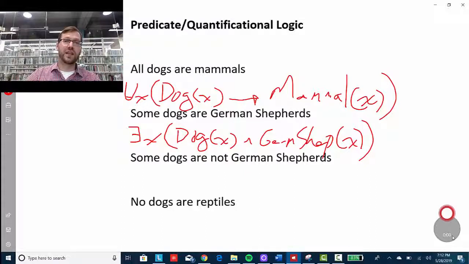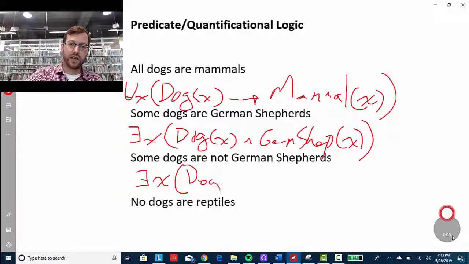We might want to say there's something that has a property, but it doesn't have another property, which is what the next sentence does. Some dogs are not German Shepherds. So it's going to look very much the same as the symbolic sentence above, the sentence of FOL above, except we need a negation. Oops, hold on.